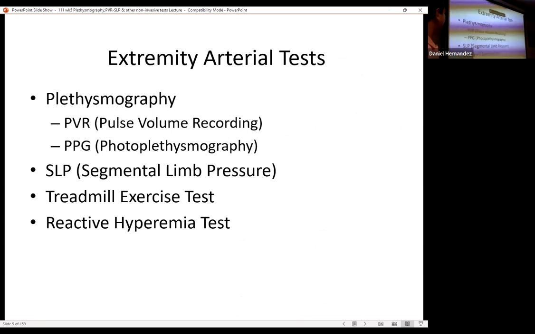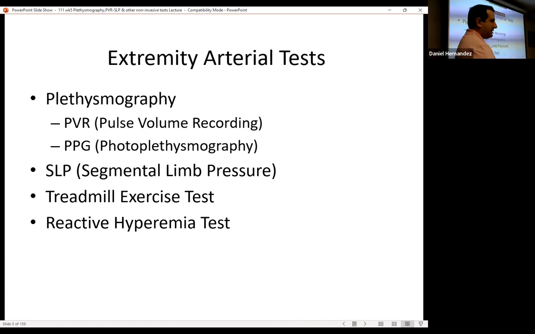Plethysmography. When we see that term, plethysmography, that refers to a way that we can measure volume changes. What we're measuring for us is volume changes in blood flow as it's coursing through the different segments of our leg.